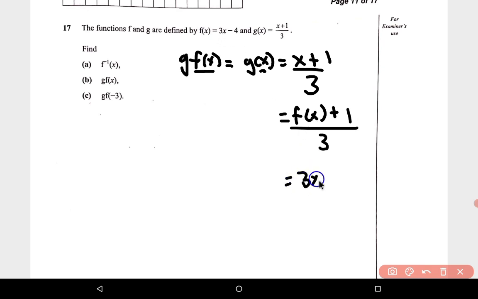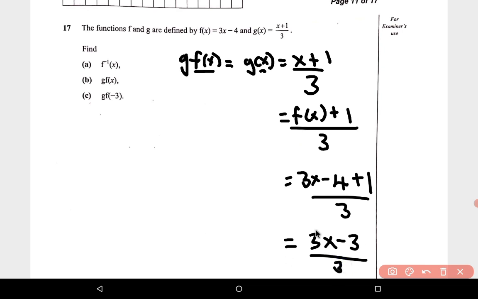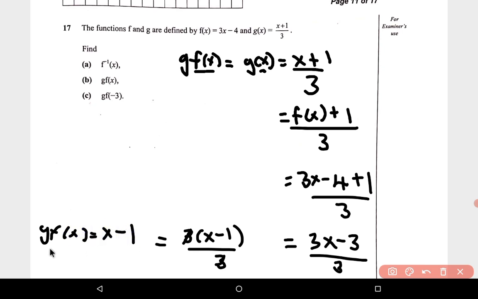3x minus 4 plus 1 out of 3, and this will be 3x minus 3 out of 3. Now this you can factorize, and the 3s cancel, and your final answer, which means that g f of x will just be x minus 1, and it ends here.